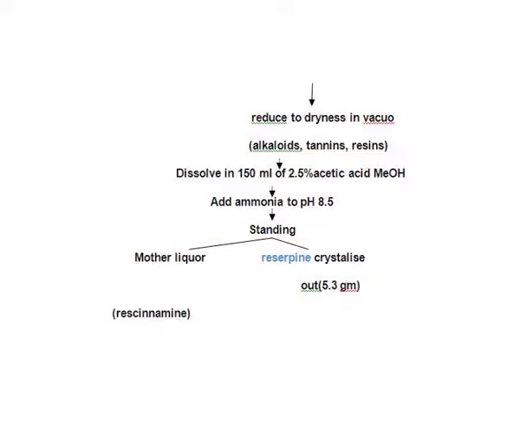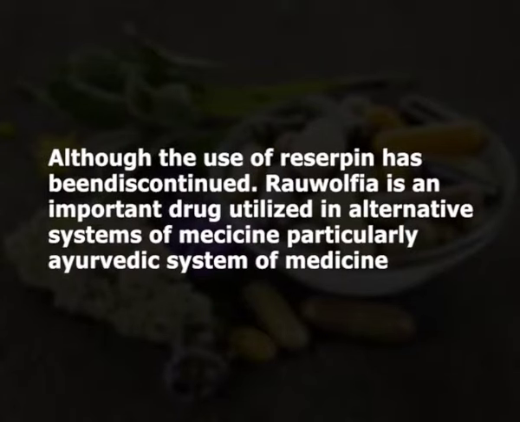On standing, the mother liquor contains resinamine, whereas reserpine isolate crystallizes out. The yield is about 5.3 gram. Although the use of reserpine has been discontinued, Rauwolfia is an important drug utilized in alternative systems of medicine, particularly the Ayurvedic system of medicine.